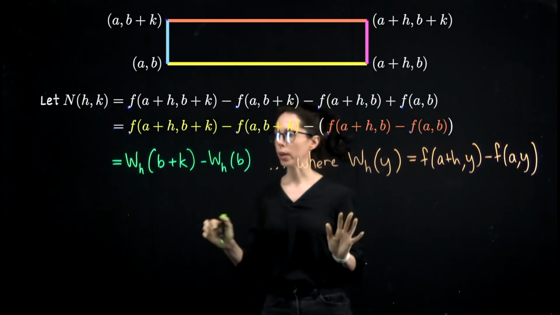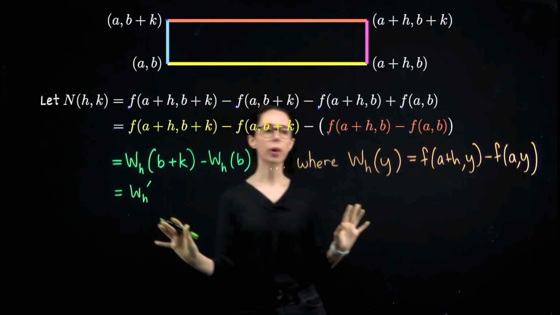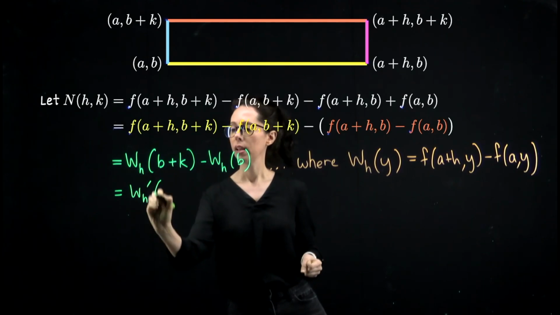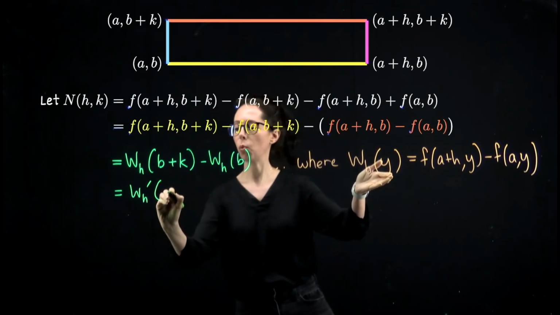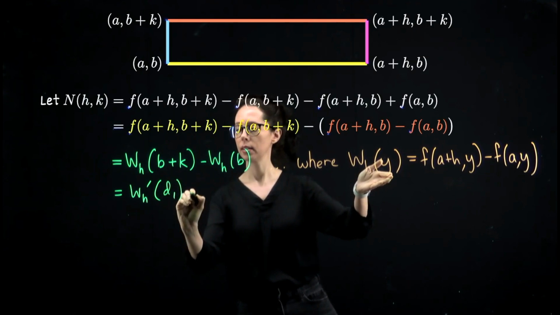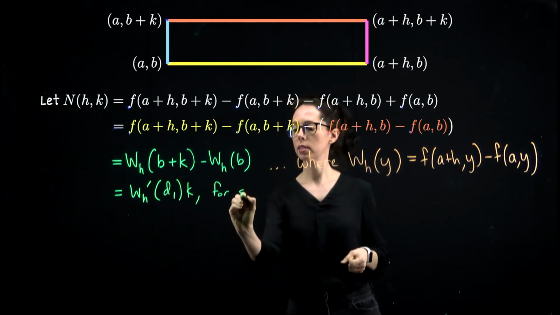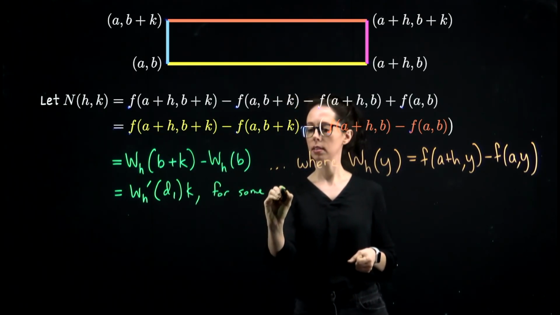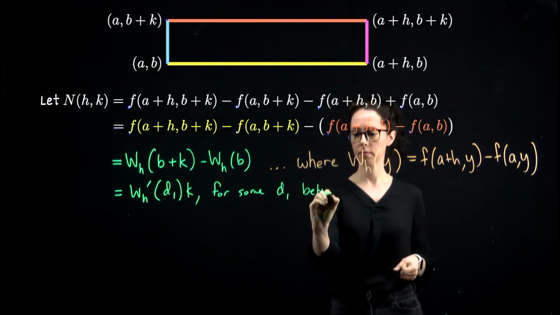So let me just jump straight to w sub h prime, just plain old prime, because this is a function of one variable. Here, the action is happening in the y-coordinate, so I'm going to call this d sub 1 times k, for some d1 between b and b plus k.